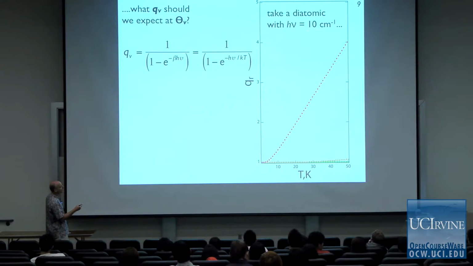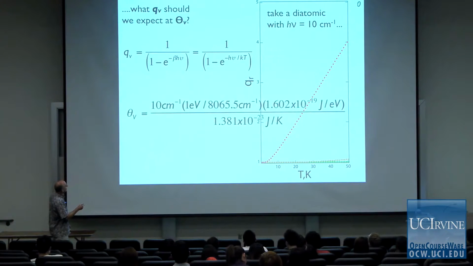And I did that for 3 different energies, 3 different h nus. 10 wave numbers, that's this red data right here. 100 wave numbers, that's this yellow data. And 1,000 wave numbers, that's this green data right down here. I'm going to blow these up in just a second.